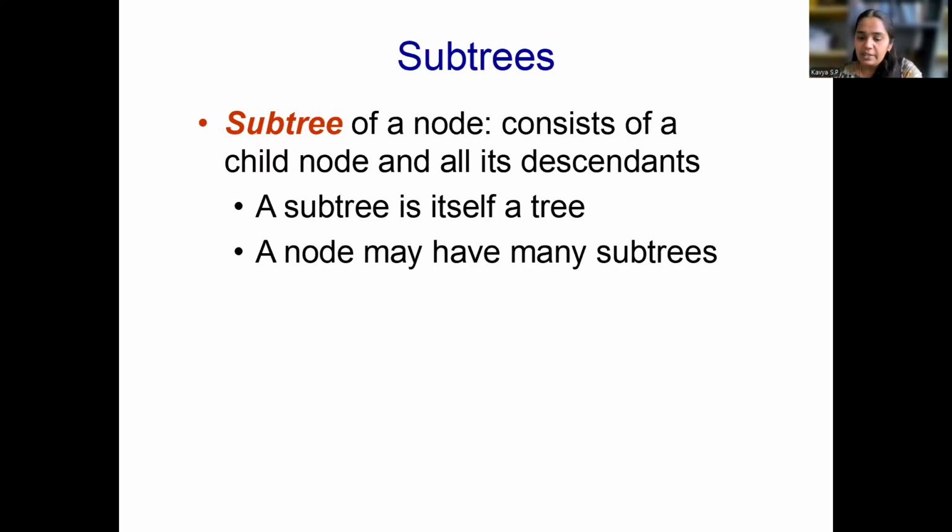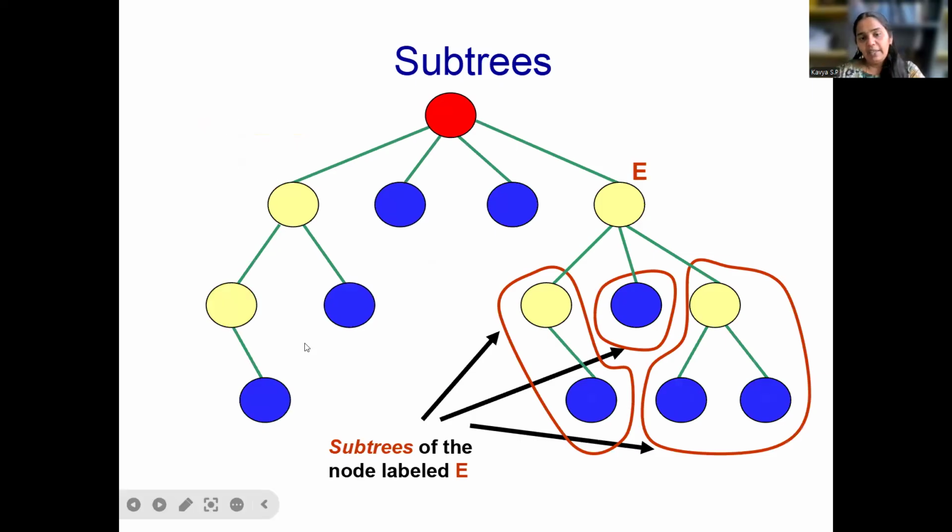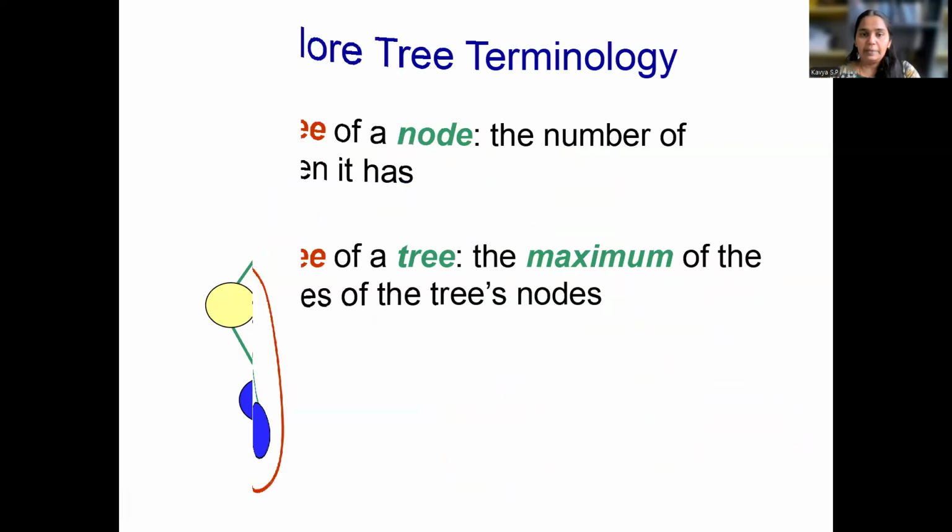We do not have any restriction while constructing a subtree. In this case, say E itself is a subtree. The root is shaded in red, where E itself is a child node. From there, we have several other subtrees. Say in this case, we have 3 subtrees starting from the subtree E. So any subtree can have any number of subtrees for that matter.